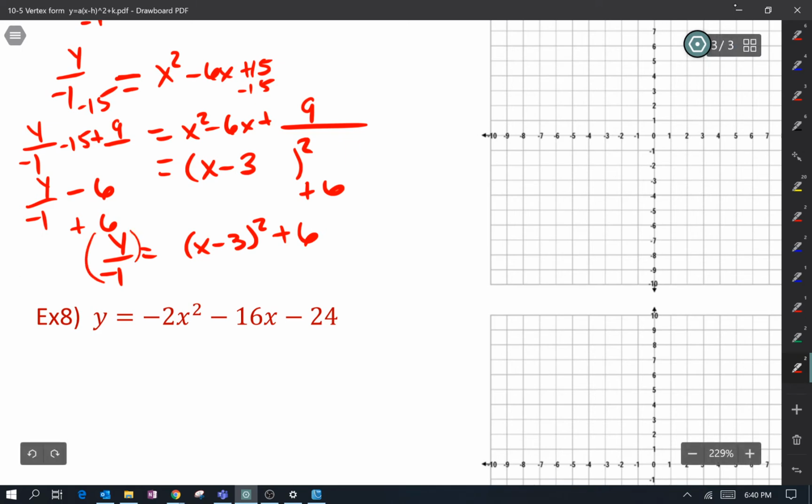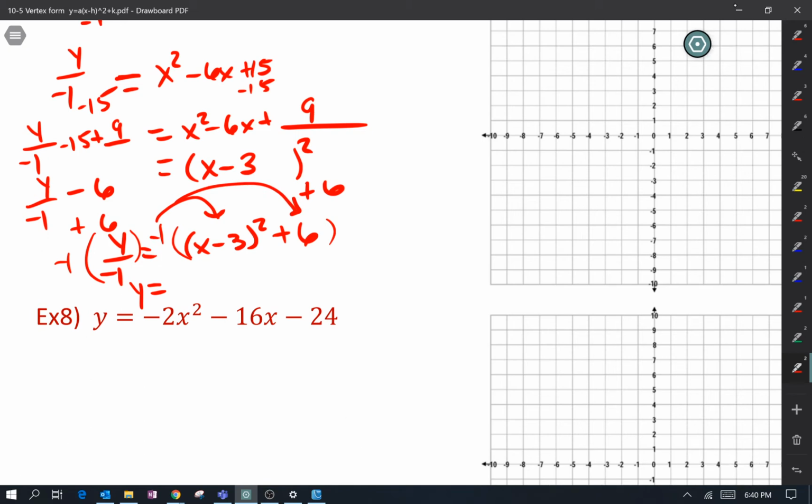So I'm going to multiply both sides by negative 1. Now watch what's going to happen. This is going to become y equals negative 1 times, we're going to distribute the negative 1 to that parenthesis and to the 6. We're not going to multiply the x and the 3 by negative 1. We're distributing a negative 1 to the parenthesis. So it's just going to be negative 1 parenthesis x minus 3 squared, and then negative 1 times 6 is negative 6.